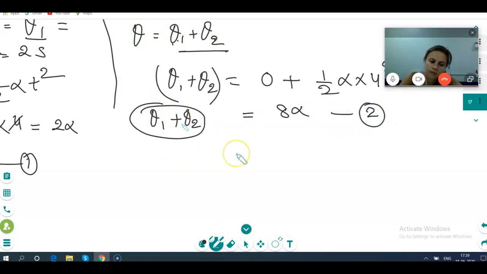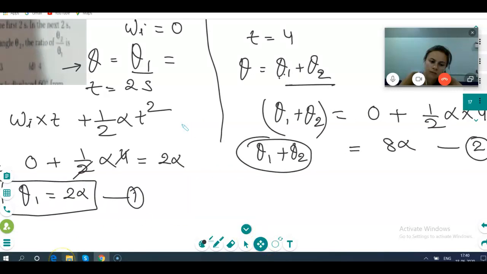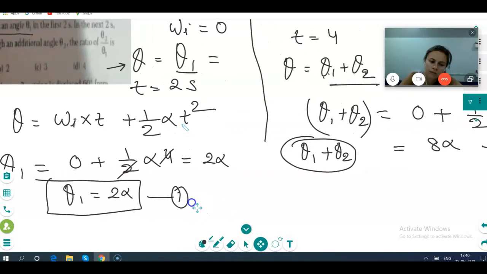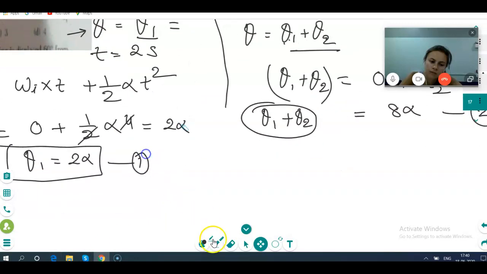We don't want alpha, correct? I'm asking for theta 2. Theta 2 is 6 alpha, because 8 alpha minus 2 alpha is 6 alpha.